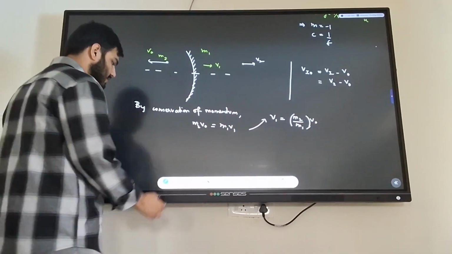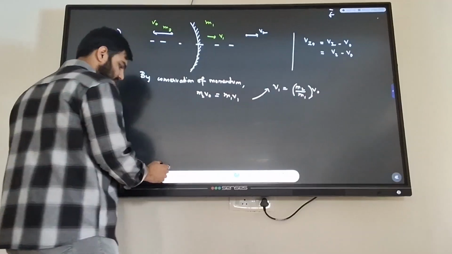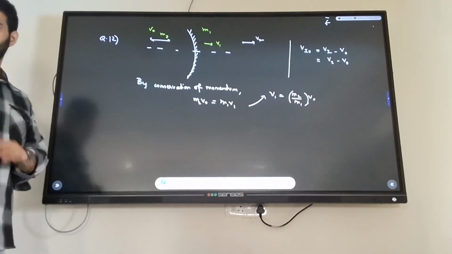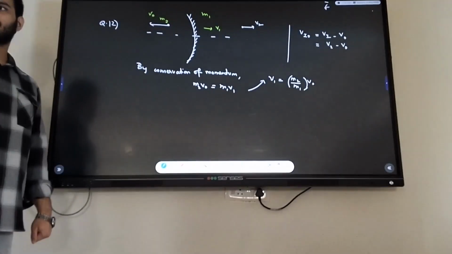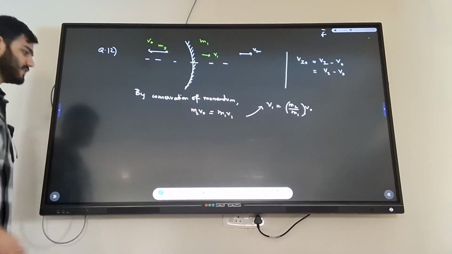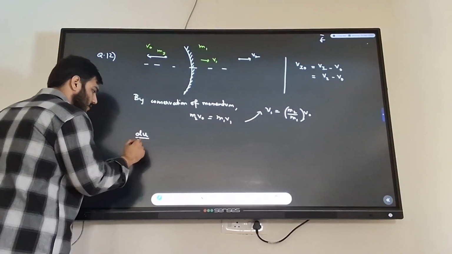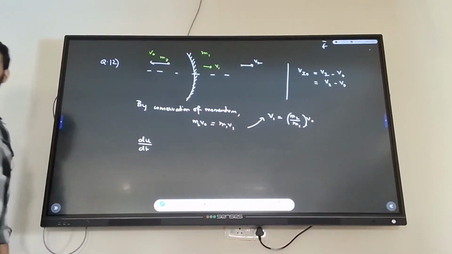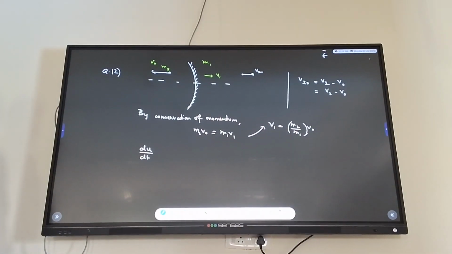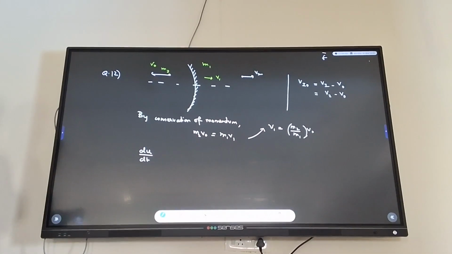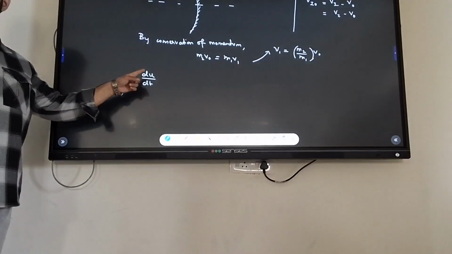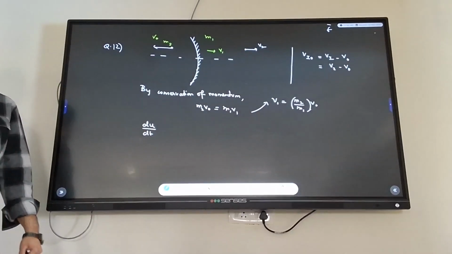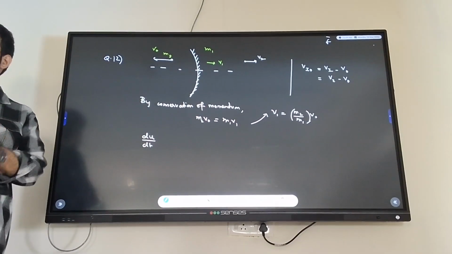Tell me, what does du by dt represent? Du by dt represents the object distance variation with respect to time. But with respect to what? Ground or mirror?